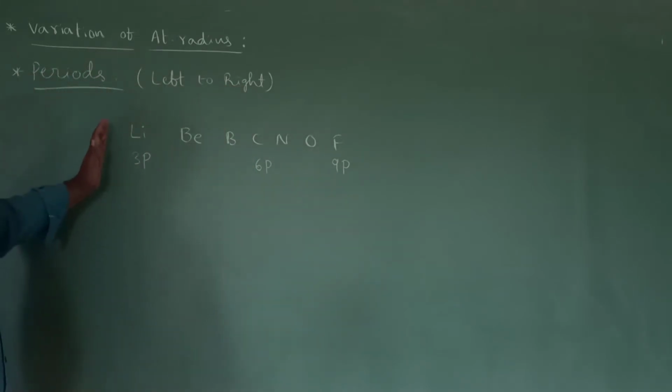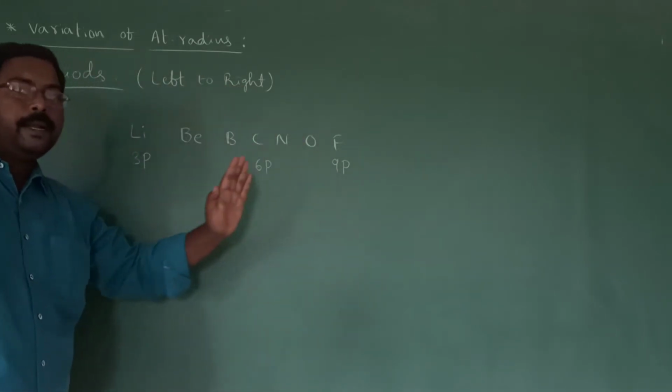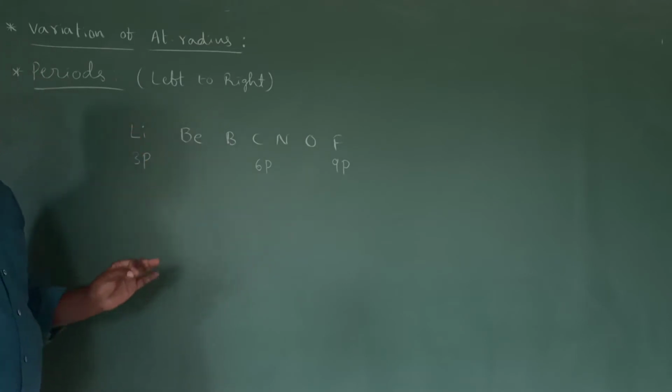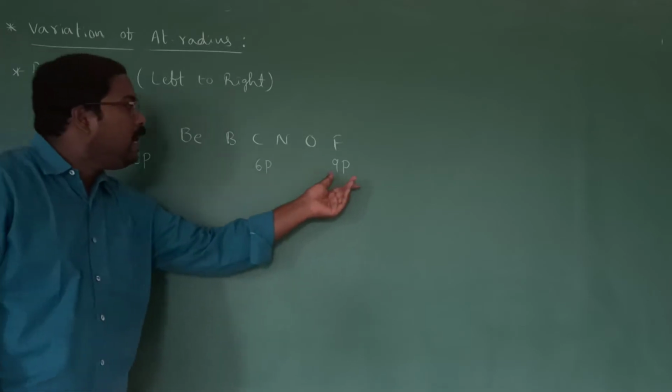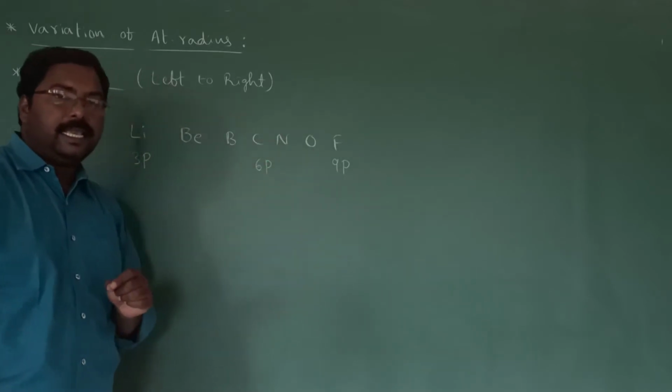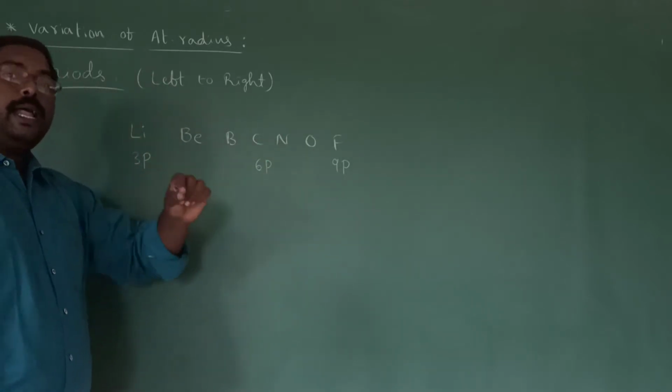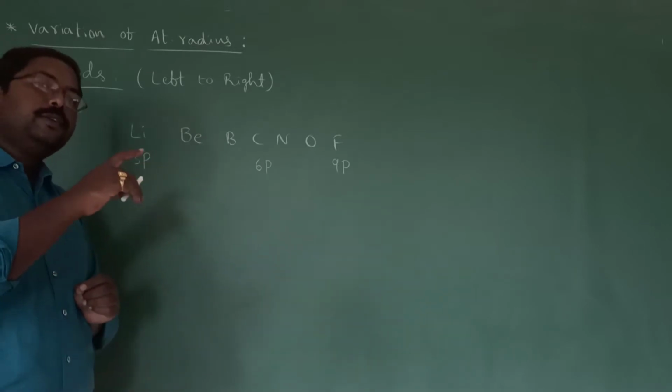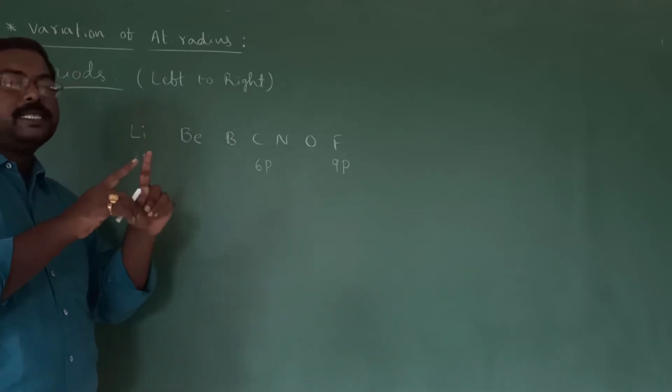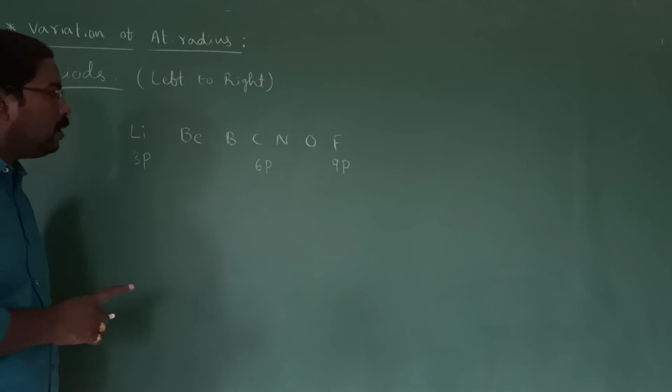So as you are moving from left to right in a period, the number of shells may remain the same. But what is the difference here? The nuclear charge is increasing. We already discussed that nuclear charge and atomic radius are inversely proportional.